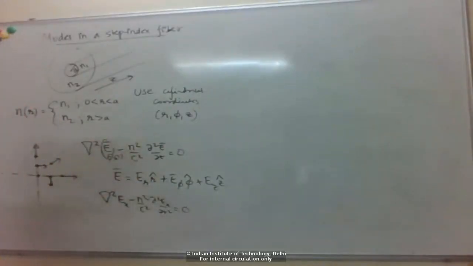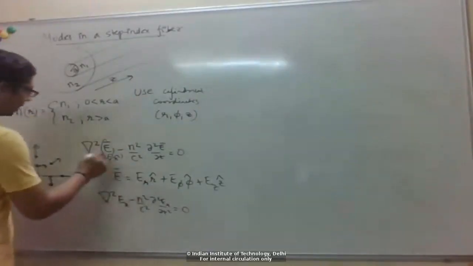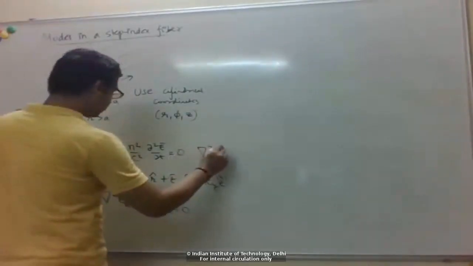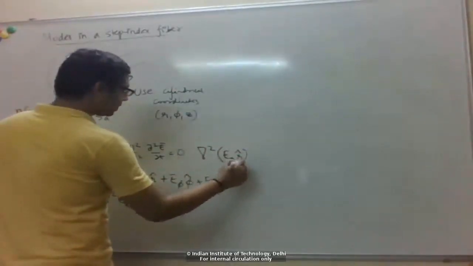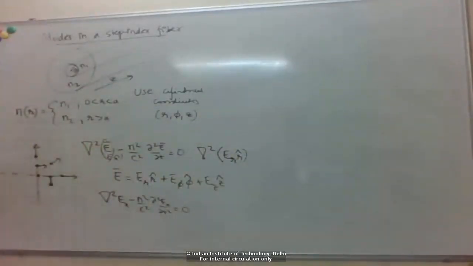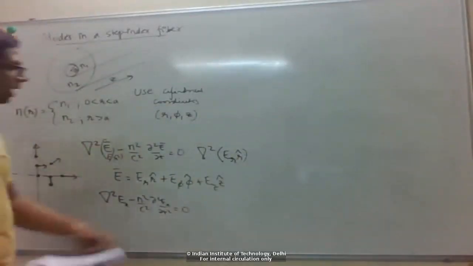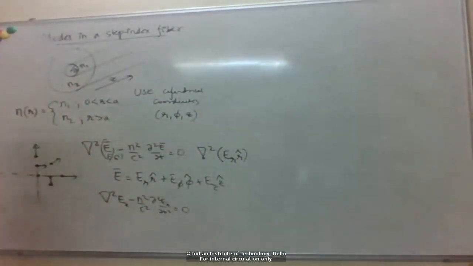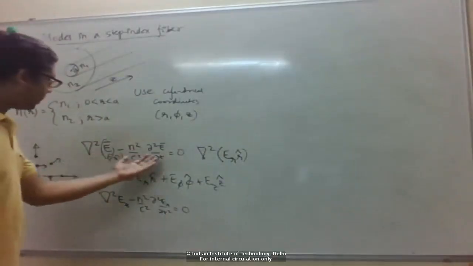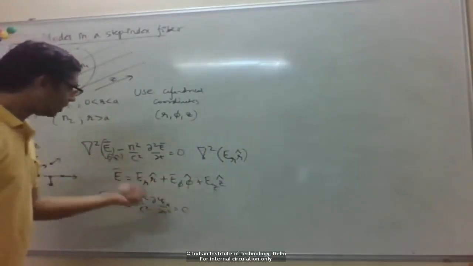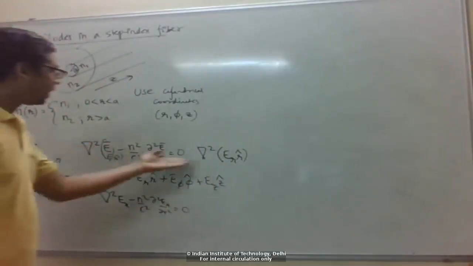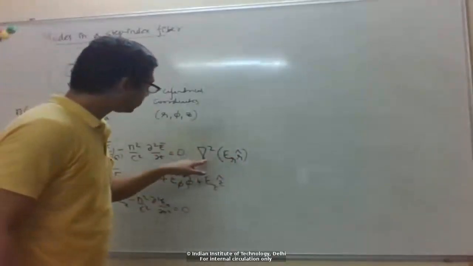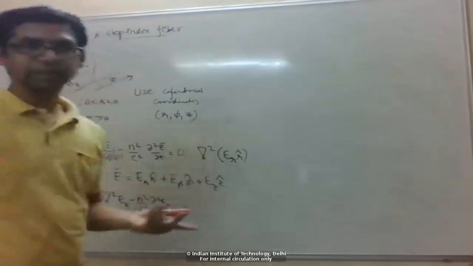depends on position. So when I put this into the del operator, I can't just take r cap outside, because r cap itself depends on position, so it will have a derivative. So you can see that we can't straight away take the individual components. It can become really complicated because you'll have the scalar part which depends on position, and the unit vector also depends on position.